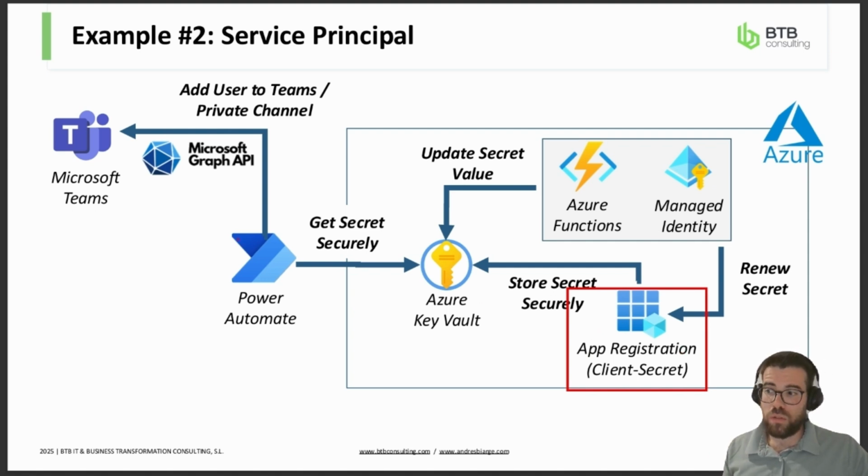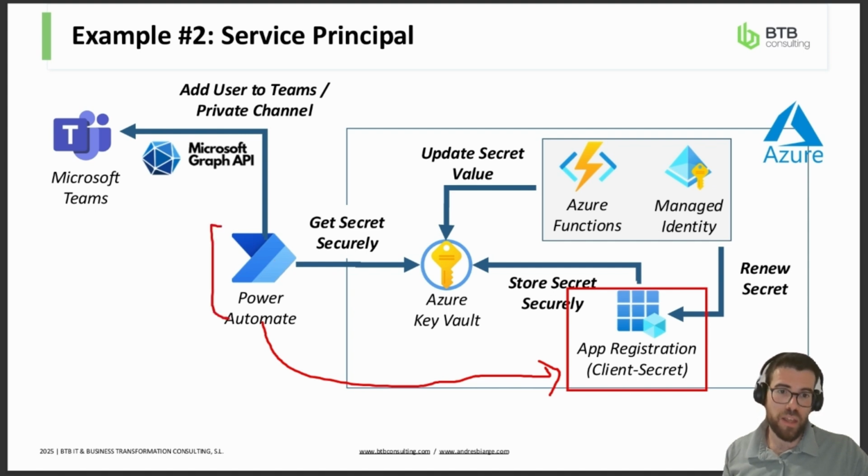Now, we won't consume the secret directly from Power Automate, because otherwise we would be hard coding, putting in plain text a secret value, a password, directly in the Power Automate flow, which can potentially be accessible by a lot of people.